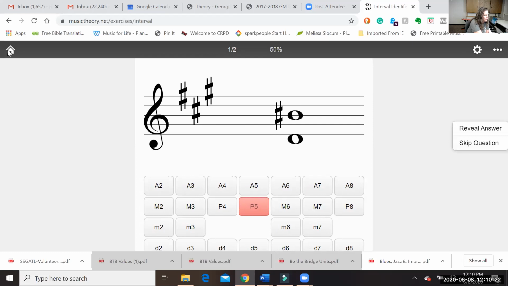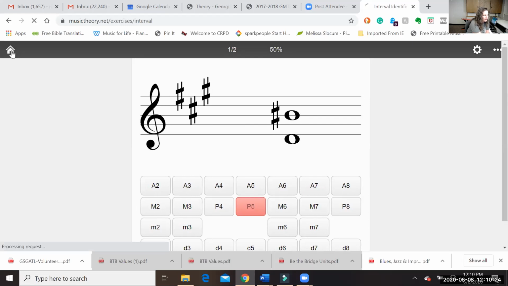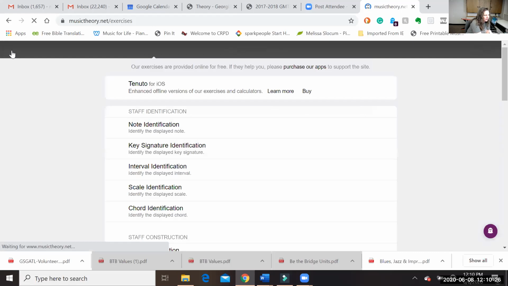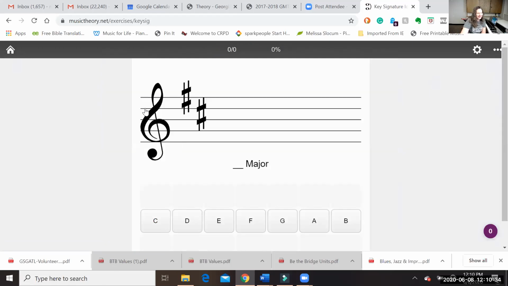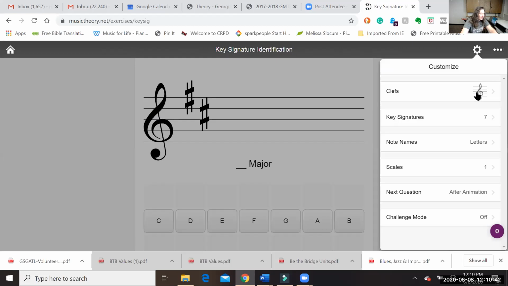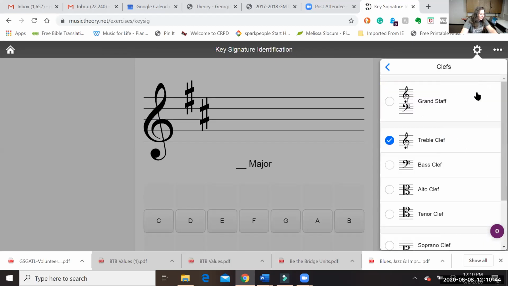I can't skip back, but let me go back to other exercises here that you can do. If you do key signature identification, this should help you identify a lot of those key signatures. So that would be a good one to do as well. Again, you can change the settings, and you can include both clefs.